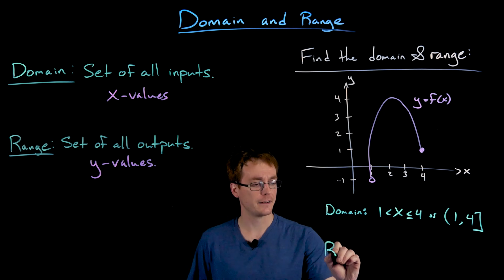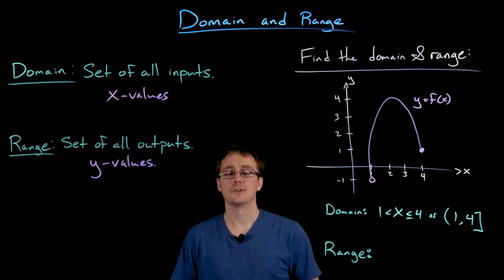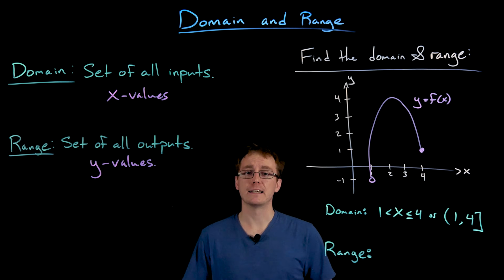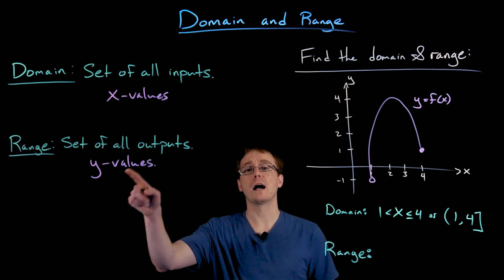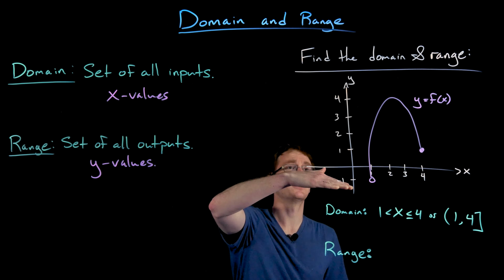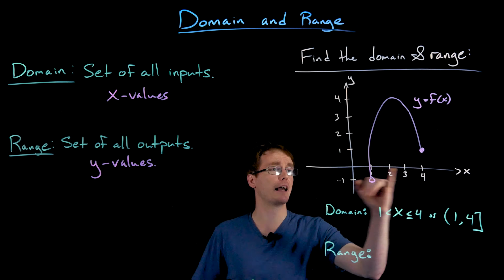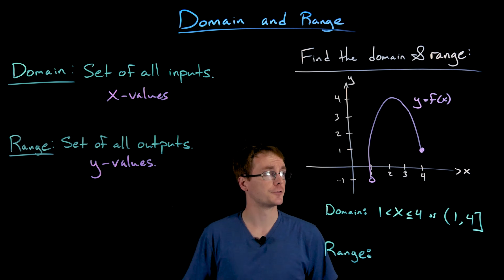Now let's try to do the same, but for the range. All we have to remember for the range is we're not looking at the x values anymore, but the y values or the outputs. So now we're going to scan the graph here, but pay attention to the y-axis and those y values instead of the x-axis and the x values.